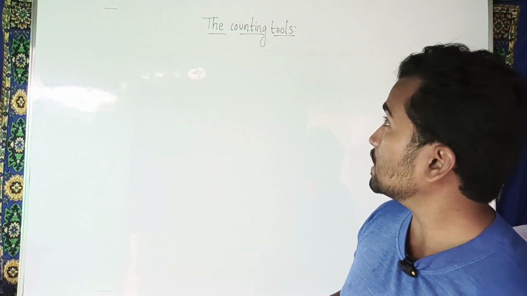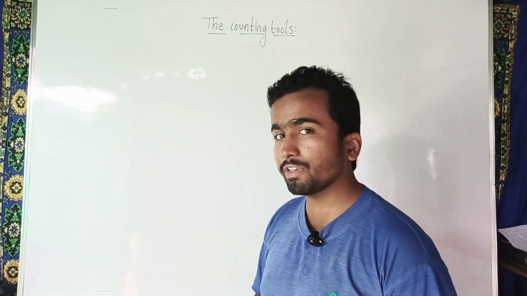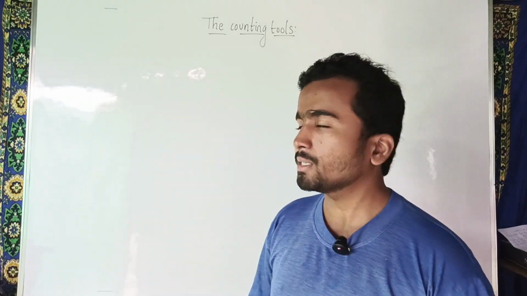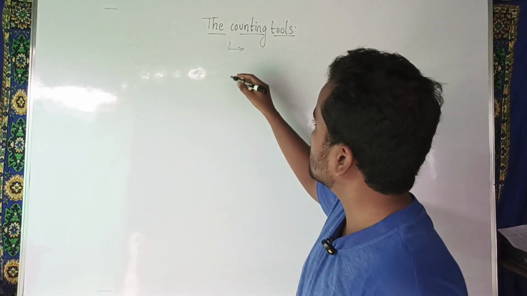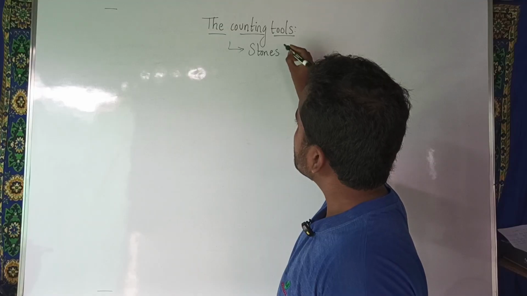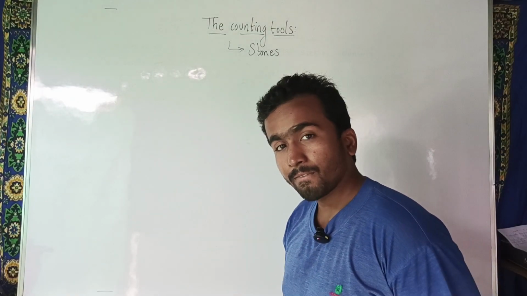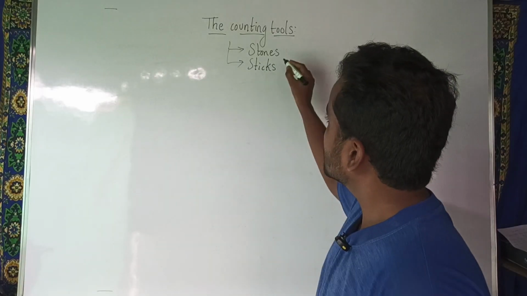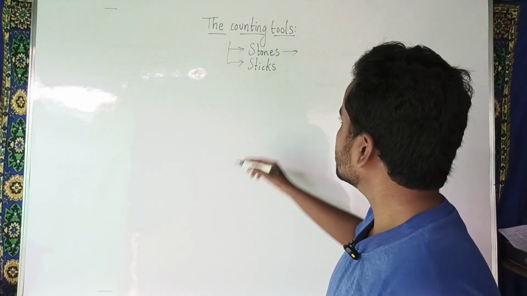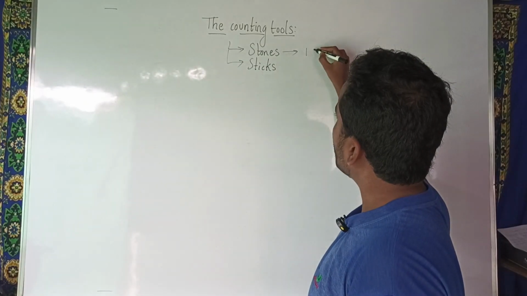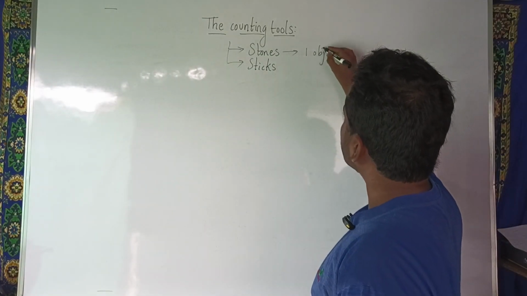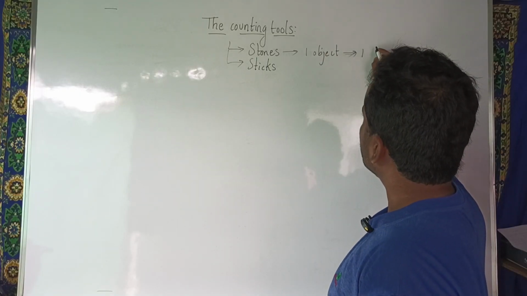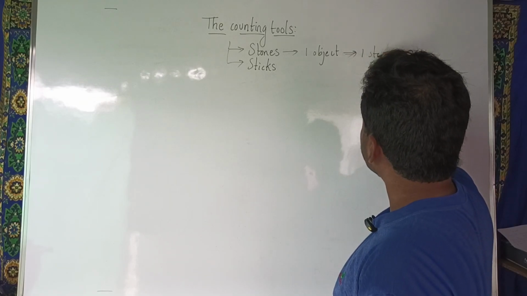As a part of counting tools, as I mentioned in the previous video, one-to-one correspondence is an example of tracking the livestock using stones. Of course, in that, stones and sticks were used. Coming to the aspect of stones, one object implies one stone.